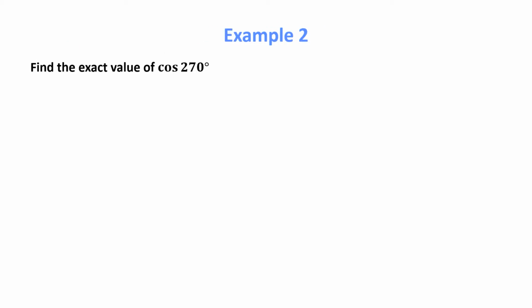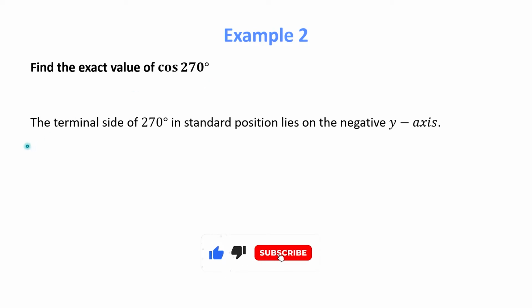Here's an example. Find the exact value of cos 270 degrees. Well, first of all, we note that the terminal side of 270 degrees in standard position lies on the negative y-axis. So this is indeed a quadrantal angle.